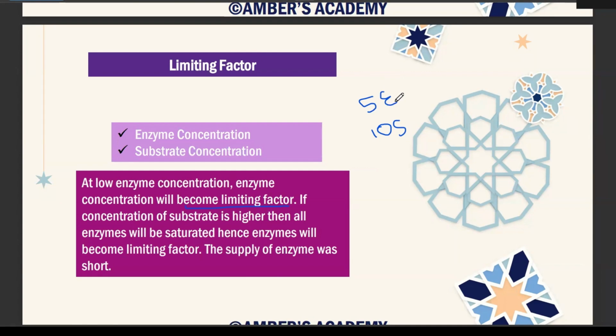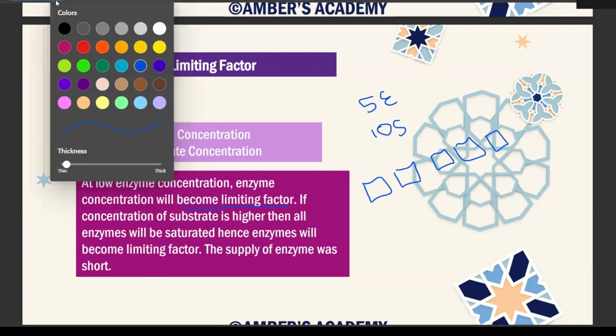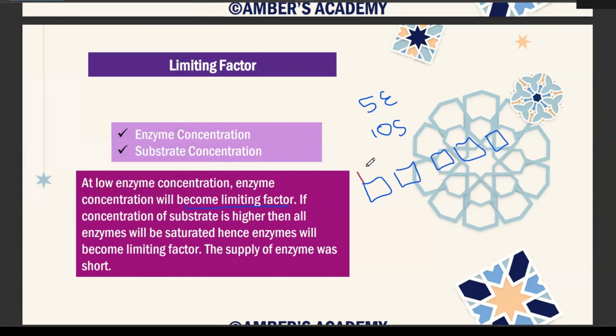So basically होगा ये कि 5 enzymes will bind with only 5 of the 10 substrates, right? ठीक है? 5 enzymes के साथ आपके 5 substrates ही bind हो सकते हैं, right?